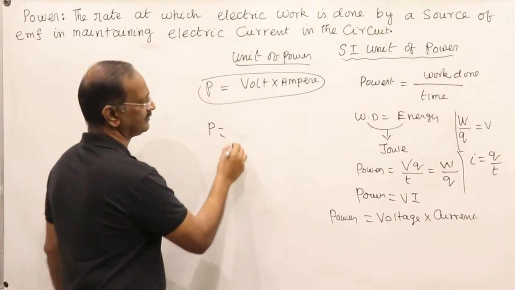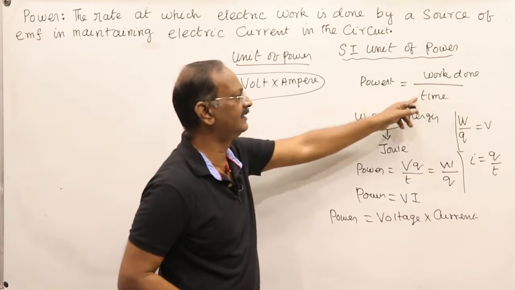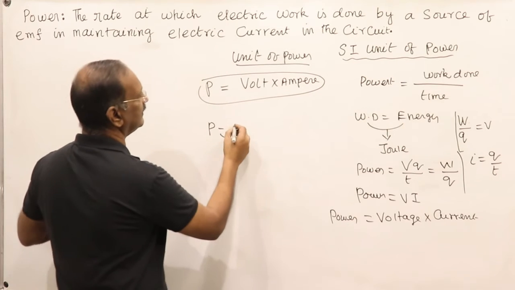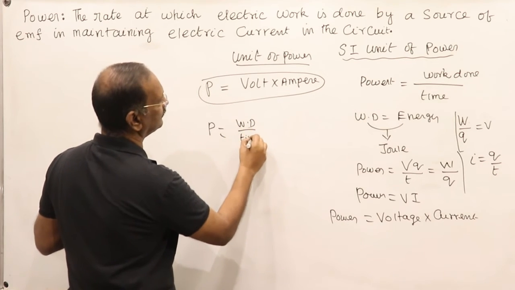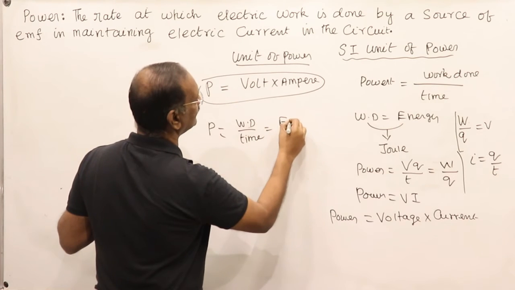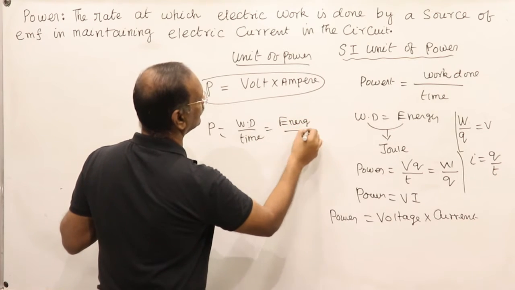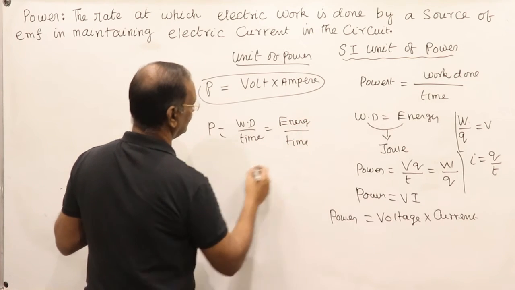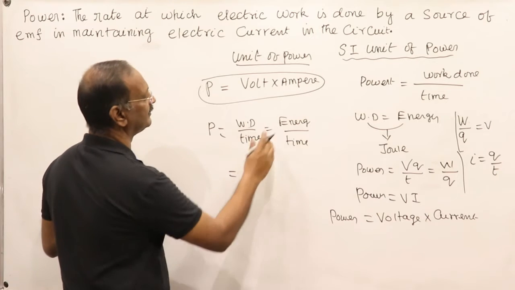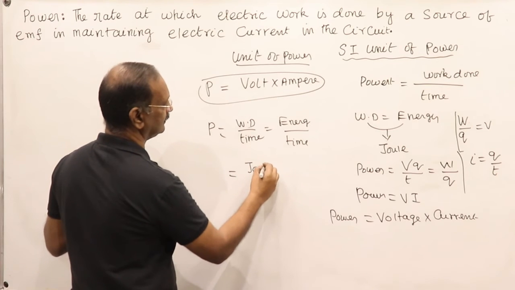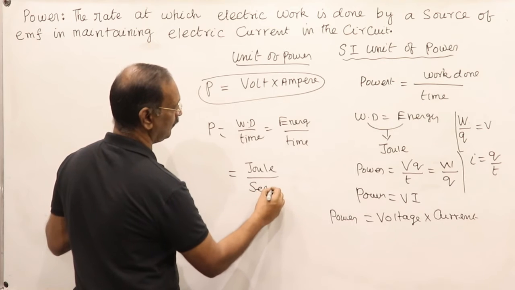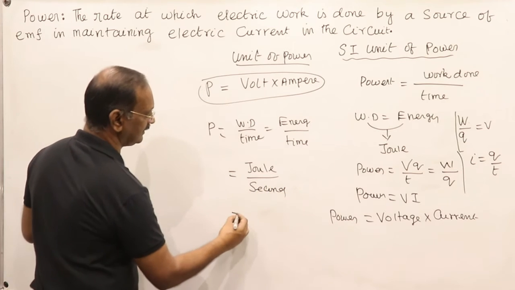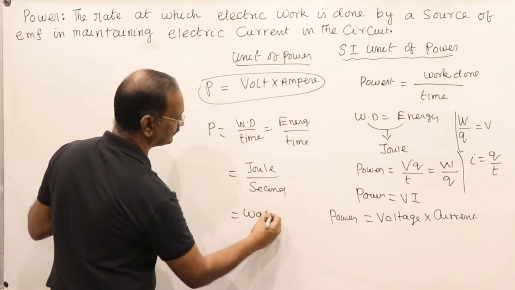Another way: as we have written, power is equal to work done by time, and work done by time is equal to energy by time. What is the unit of energy? It is the joule. Joule divided by second, in SI unit, is called watt.